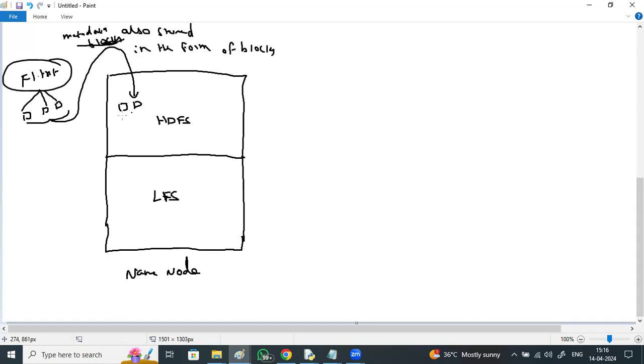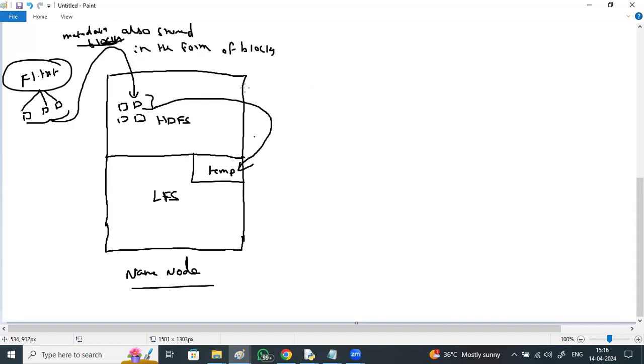The name node stores only the metadata, it won't store the actual data.